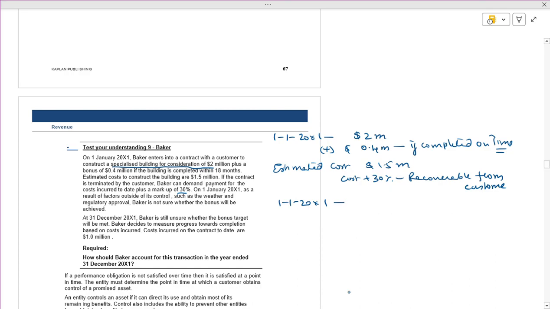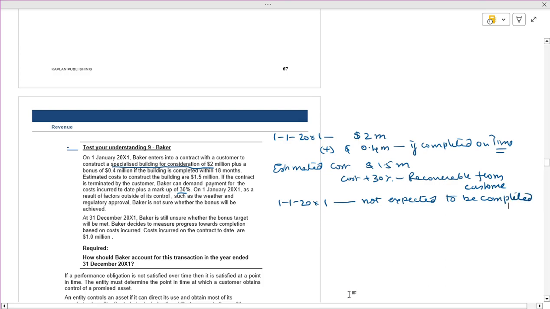It is not expected to be completed within the time frame. If it's not done, you have to recover proportionately to the completion, the cost incurred.